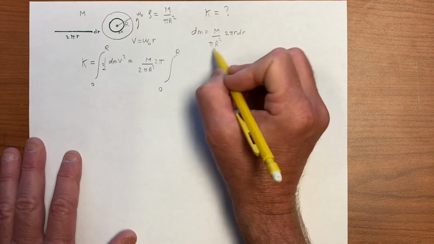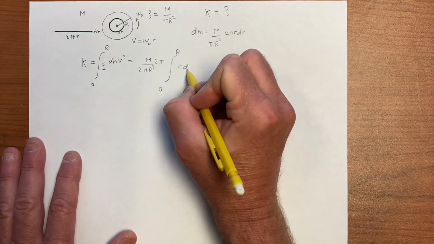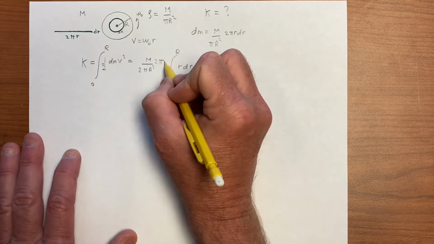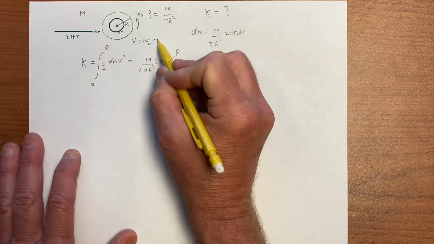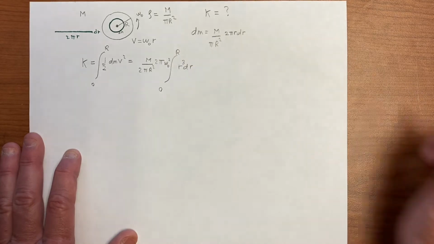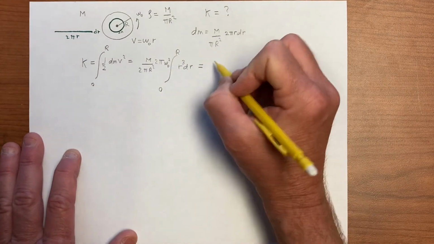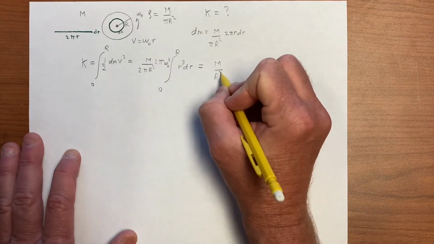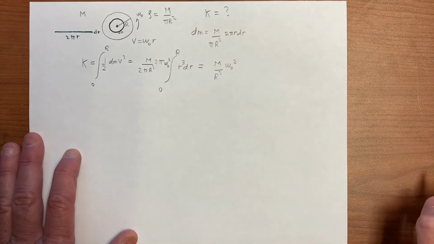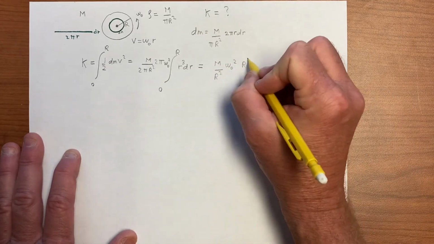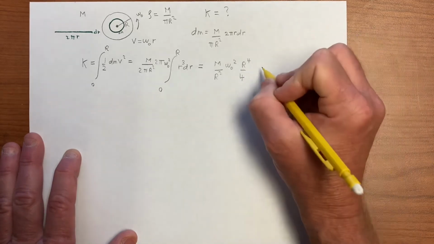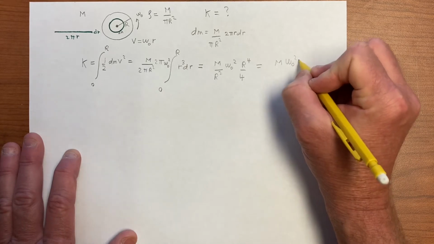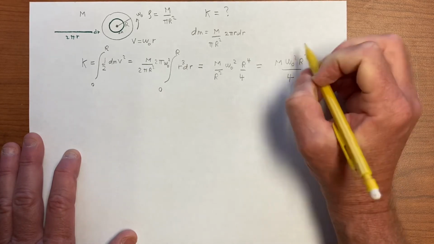I have r dr, but I also have v squared, so that brings an omega naught squared here and an r squared, so we have an r cubed there. So the 2 pi's cancel, I have an r squared that survives, I have an omega naught squared there, and then I integrate, I get r to the 4th over 4, and this gives me a kinetic energy of m omega naught squared r squared over 4.